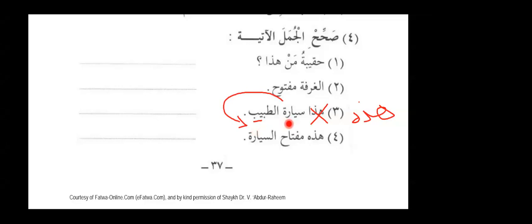This is the car of the doctor, or the doctor's car. Remember we said possessive construction is that the one that comes later, for example, the messenger of Allah, the book of the students, the car of the doctor, that one that comes after will be having a kasra. So sayyaratu at-tabibi, like that.